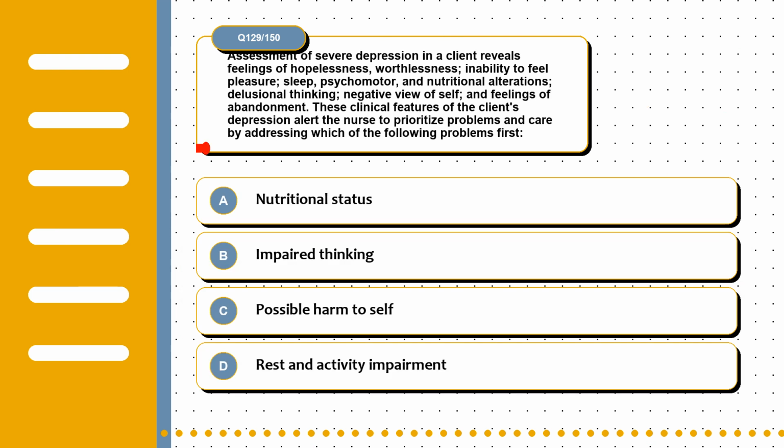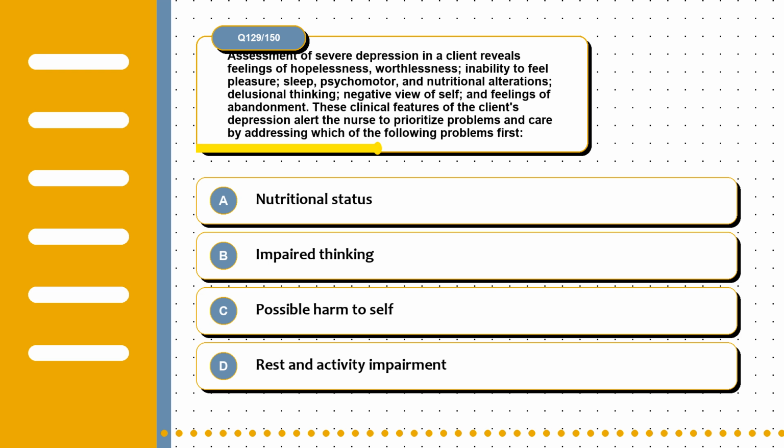Question 129. Assessment of severe depression in a client reveals feelings of hopelessness, worthlessness, inability to feel pleasure, sleep, psychomotor, and nutritional alterations. Delusional thinking, negative view of self, and feelings of abandonment.